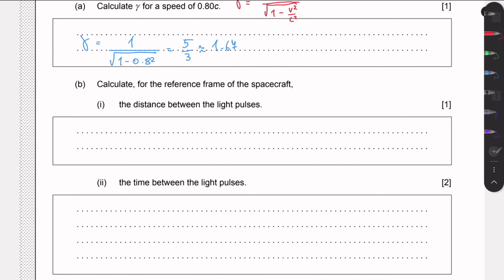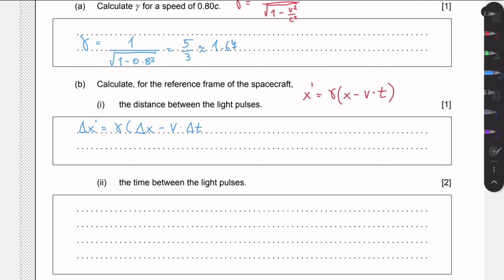In our data booklet, we have this formula that x prime is equal to the gamma factor times the distance in the original reference frame minus the speed times the time. We want to find the distance and the speed, so we can just write the deltas for the distances and the times. So we'll get the equation that the change in the spacecraft's reference frame is equal to the gamma factor times the difference in the original reference frame minus v times the delta t.